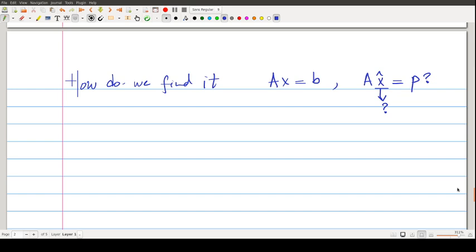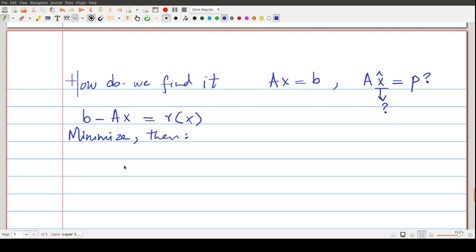Here's the idea. The idea is as follows. I want a solution. So b minus Ax. I said before that b minus Ax is not going to be equal to 0. It's going to be equal to some residual, right? And if I want to minimize it, then I use this b minus Ax hat, because if I use p here, then this is going to give me the smallest distance, right?